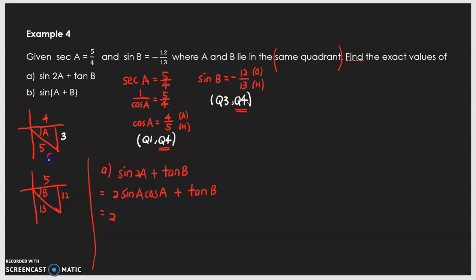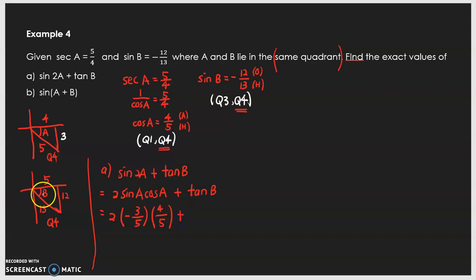Remember, this is in quadrant number 4, and in quadrant number 4, only cos will be positive, so sine A will become negative. Opposite is 3, hypotenuse is 5, negative 3 over 5. Multiply by cos A, adjacent over hypotenuse. Adjacent is 4, hypotenuse is 5.